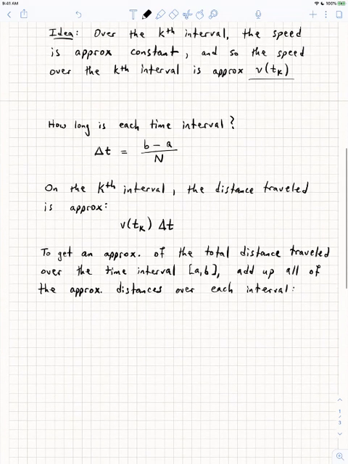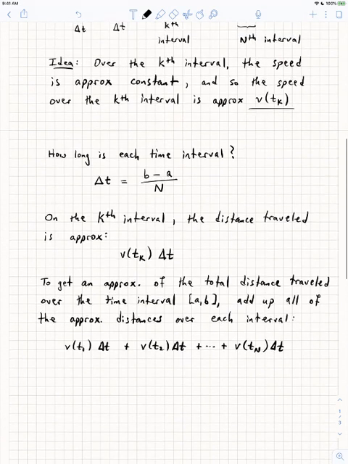So for the first subinterval, it's going to be v at t1 times delta t, plus the distance traveled, or at least the approximate distance, over the second interval, v at t2 times delta t, and so on, until we get to the end, v at t sub capital N times delta t.